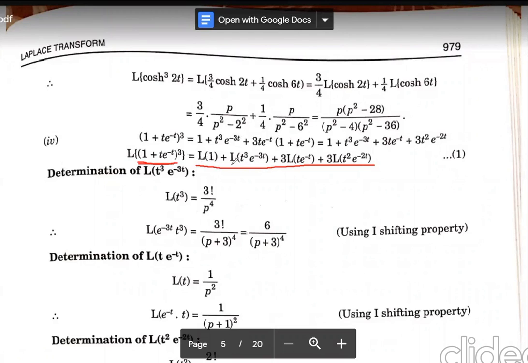Next, we need to find the Laplace transform of t cube into e to the power minus 3t.